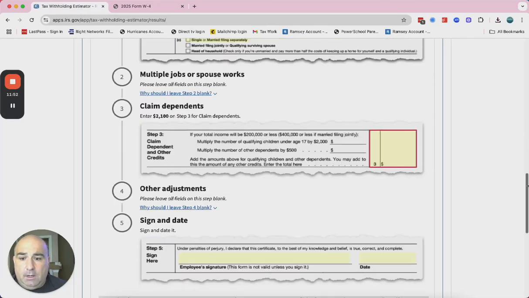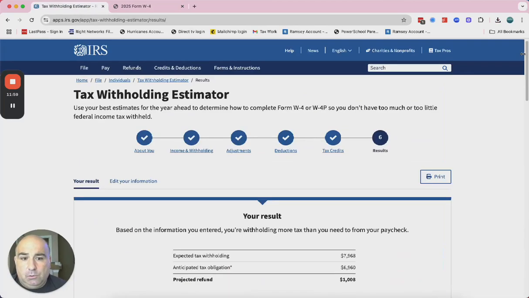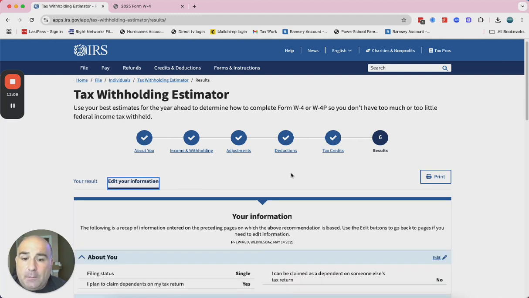And then going down, you can always go back and edit your information. Take a look at what you've got, and you can print it to have it as a permanent record. A couple things to remember. When you do this, especially if you do it earlier in the year, you want to make sure that once the year turns over, so December 31st, in this year, we're in 2025, so December 31st, 2025, you want to make sure you go back in and redo it and then update your withholdings, because it's projecting any changes it makes.